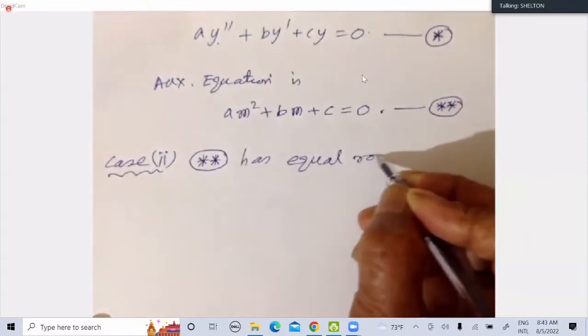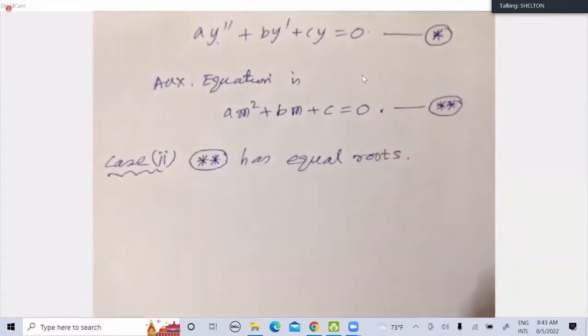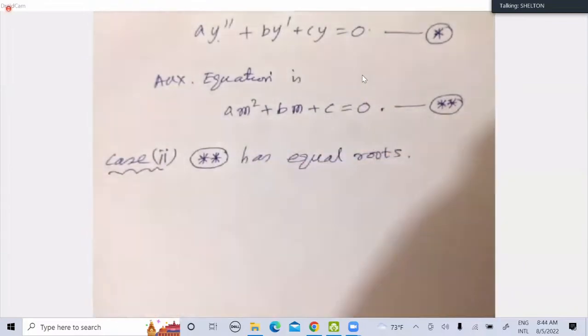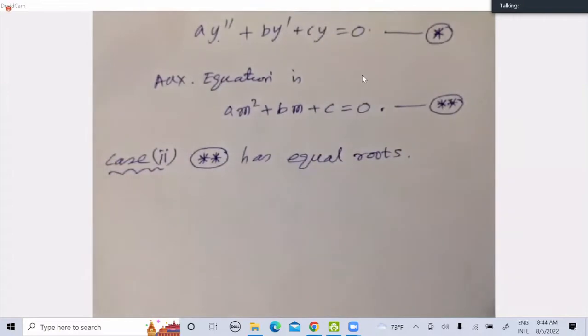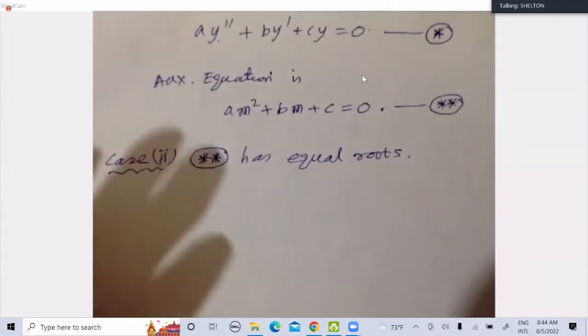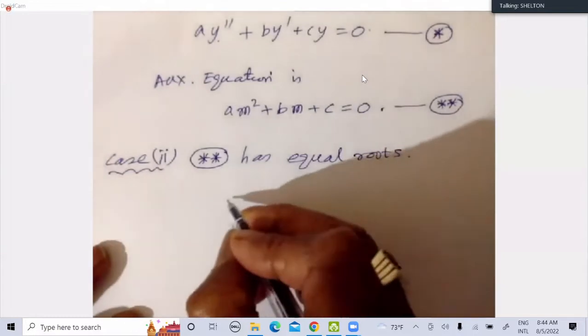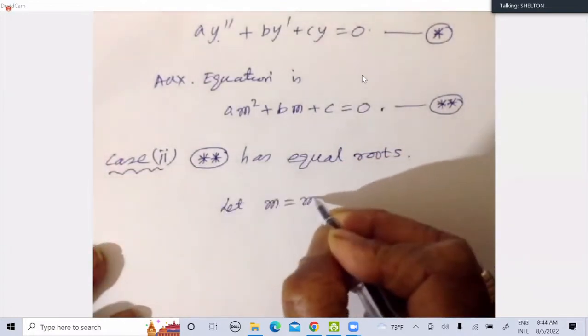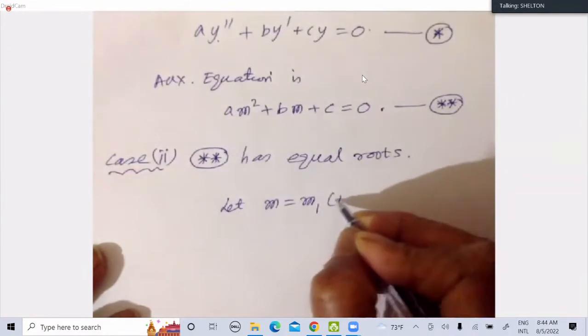The equal roots case, the coincident roots case. Let us say m is equal to m1 twice.